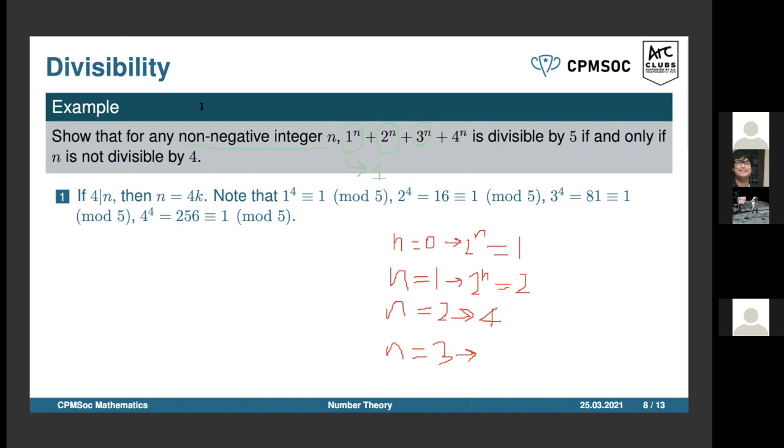But since we're working in modulo 5, we can subtract 5 from 8, and it turns out that 8 is congruent to 3 in mod 5. And if we go n equals 4, we will get 2 to the 4 is 16.